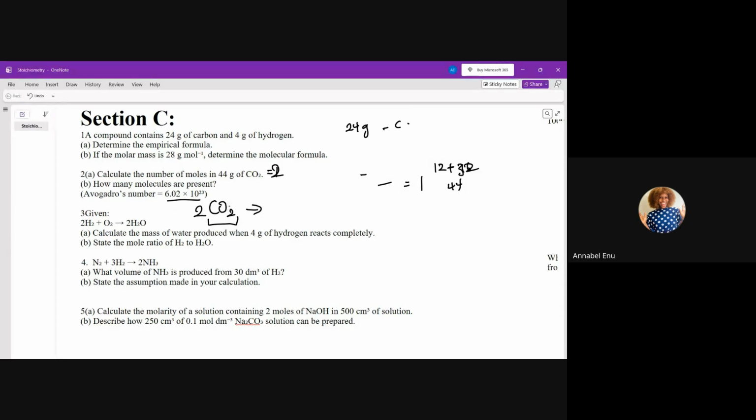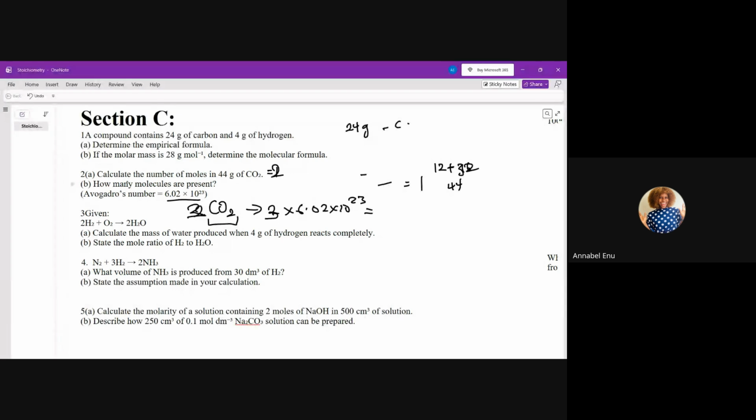In that case, the number of molecules present in 2 moles of CO2 will be 2 times 6.02 times 10 raised to the power of 23. So we are now getting a different Avogadro's number. If we had 3, it will now be 3 times this, and so on.